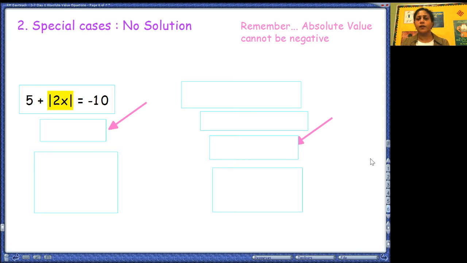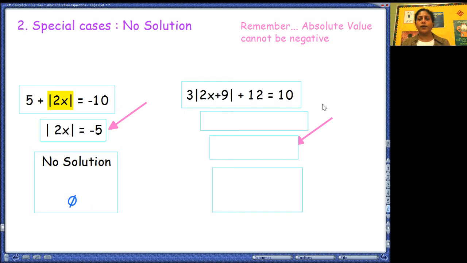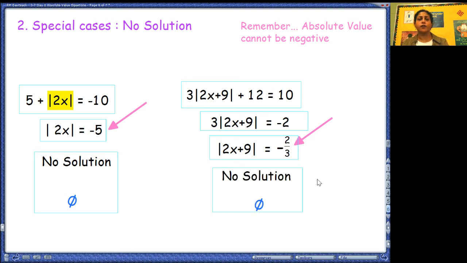Divide both sides, subtract 5, and then because absolute value of something cannot be a negative number, you can simply say that there is no solution, and you put the no solution symbol. In this one, we subtract 12, and then we divide by 3, and we still get a negative number. Therefore, this equation also has no solution.